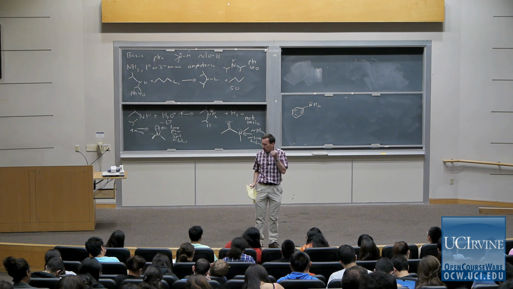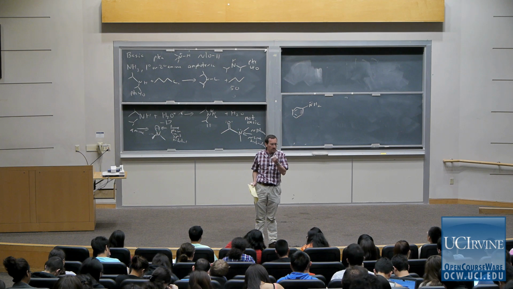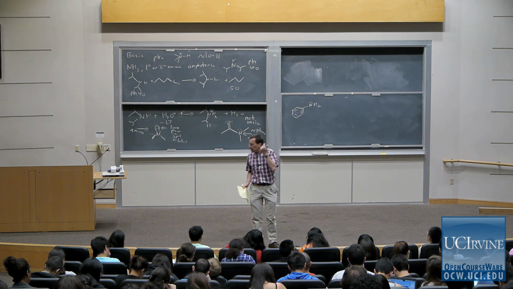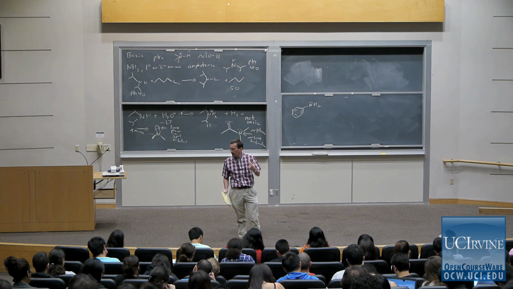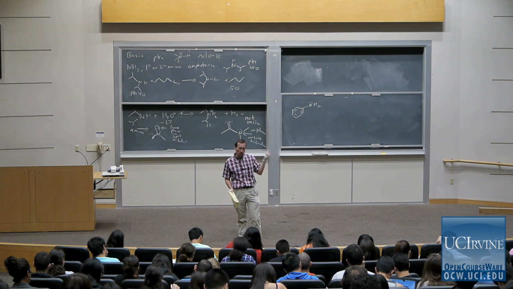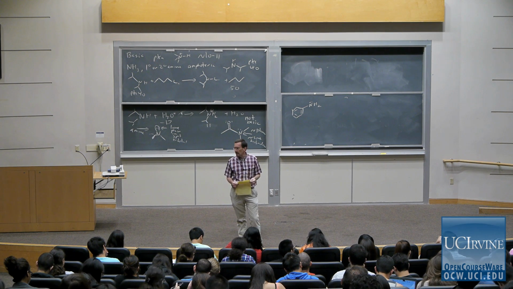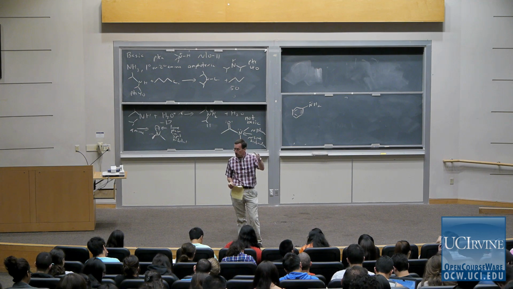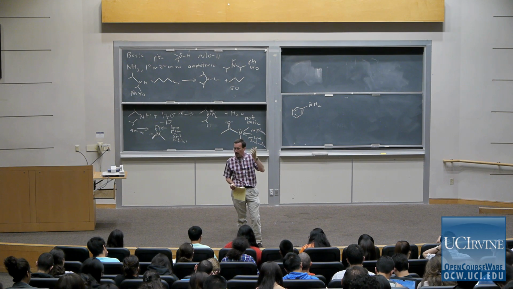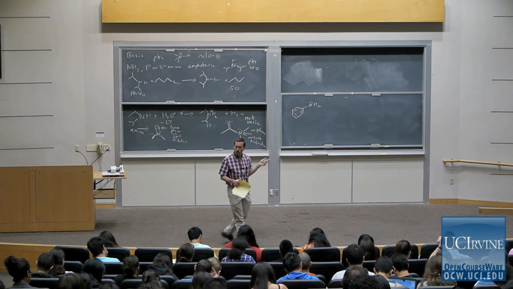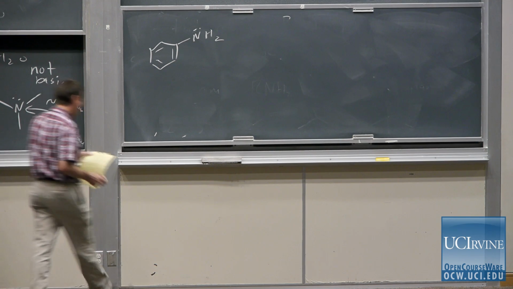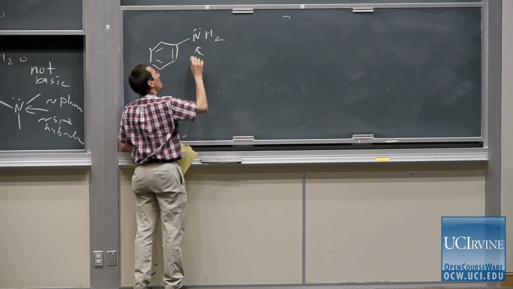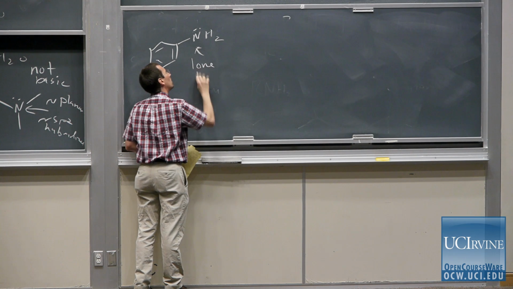When you learned about electrophilic aromatic substitution, you learned that amino groups were ortho-para directors, that they were pushing electron density to the ortho and para positions of an aromatic ring, and then in turn able to stabilize a positive charge that formed during the electrophilic aromatic substitution reaction. So the lone pair is tied up by resonance.